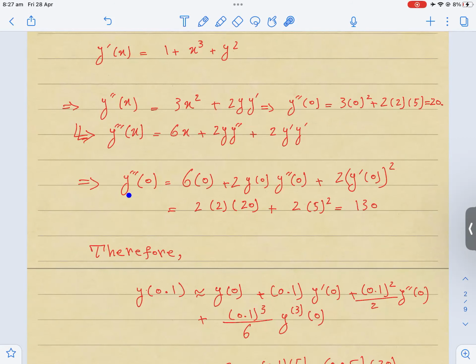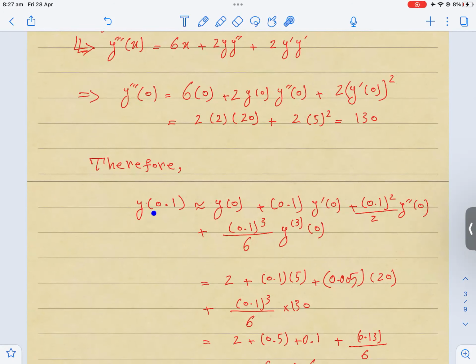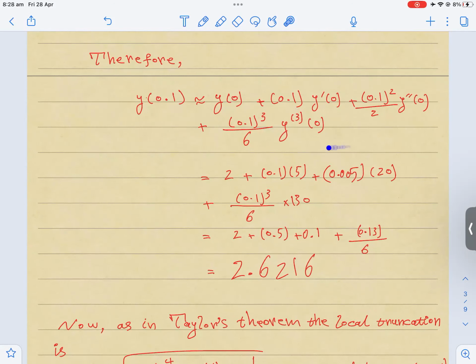Respectively, we can obtain y order 3 of 0. Therefore, what is the task? The task is just substituting.